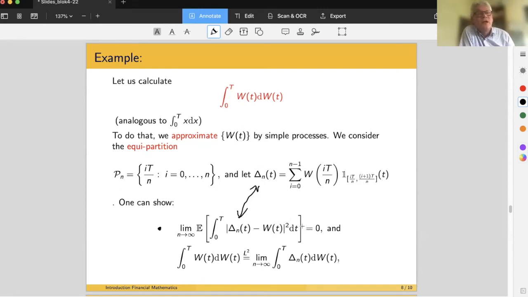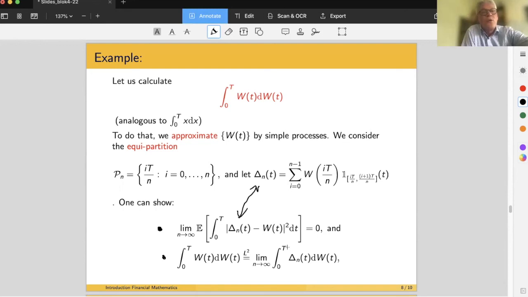You can use the Lebesgue dominated convergence to make sense out of it, but here I just use this as a claim, claiming that the integral from 0 to t, W_t dW_t will converge in L2 to the limit n to infinity of the integral from 0 to t, delta n_t dW_t.